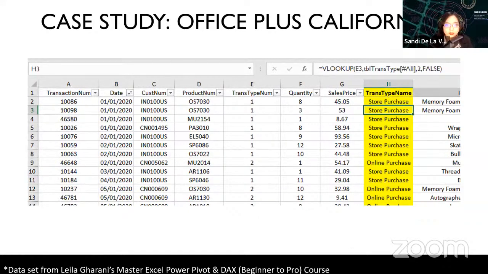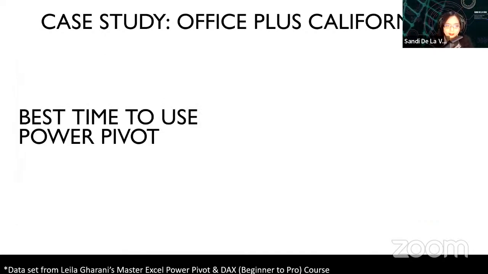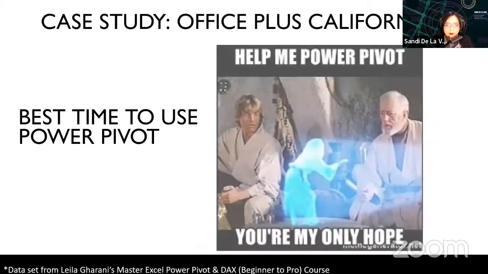For example, this one. If you use VLOOKUP in Excel, we will feel you're such a hacker and you already know how to combine this data. However, this is the best time to use Power Pivot and appreciate the strengths of Power Pivot.